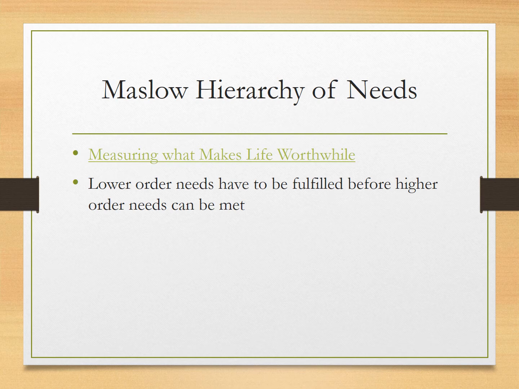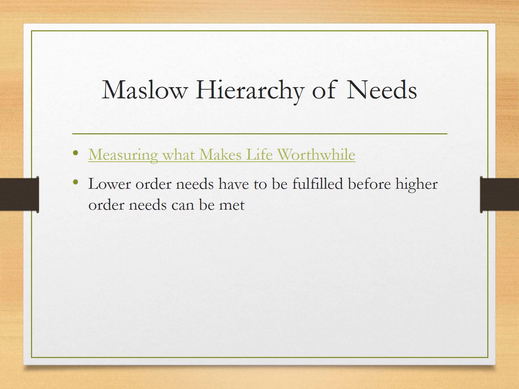Let's look at two theorists who are proponents of the human relations approach. That's Abraham Maslow and Douglas McGregor. You may have encountered Maslow's hierarchy of needs in other courses because it's a very popular theory. And I think about it too as it applies to myself as I've moved through my education and my career.